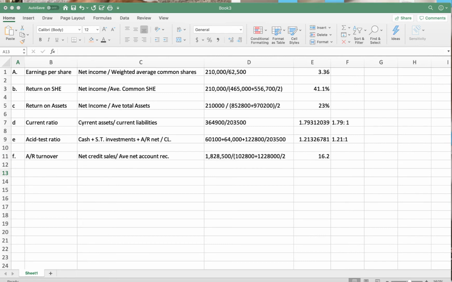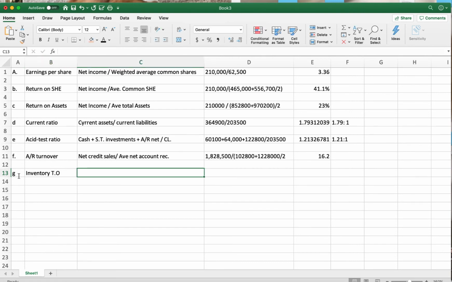Okay, the next one we have to do is going to be G, and G is inventory turnover. I'm going to abbreviate TO for turnover, okay? So how do we calculate that? Well, that's easy. We take the cost of goods sold and we divide it by the average inventory.